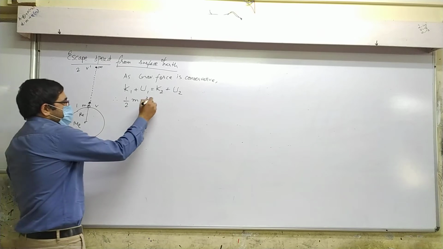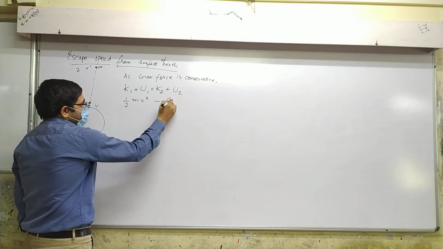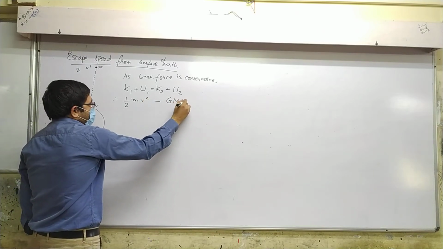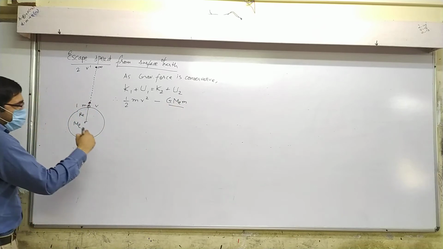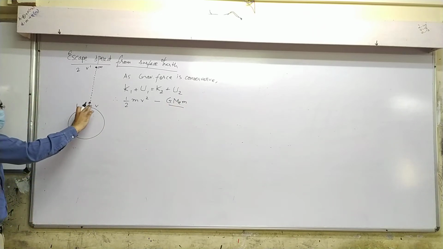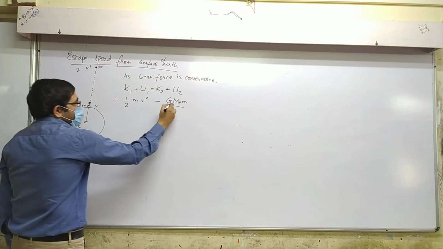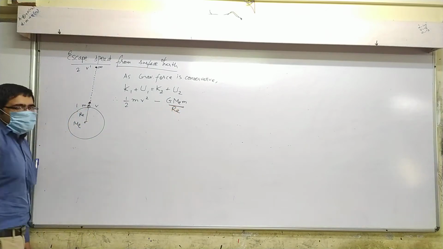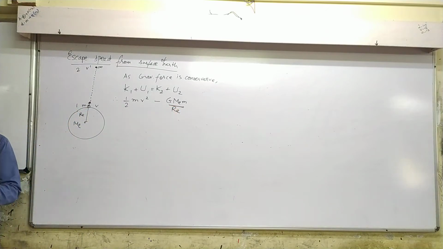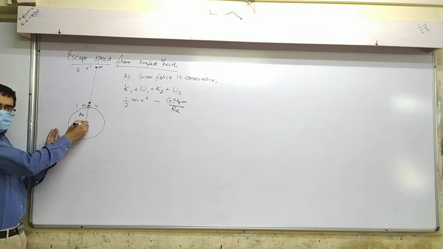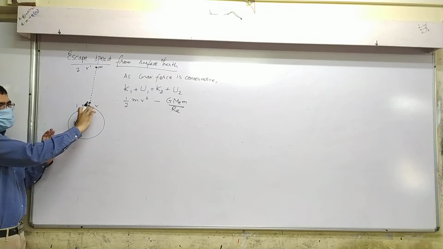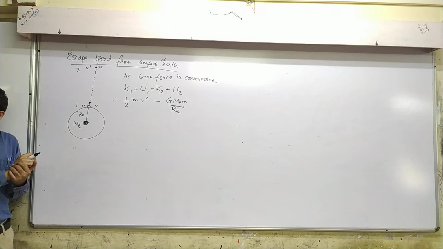So I will say minus G M e m by small r, right? But that small r is equal to capital R. Clear or not clear? For outside, you just assume that the whole mass is concentrated at the center, so the distance is r, and that distance is capital R. Clear?